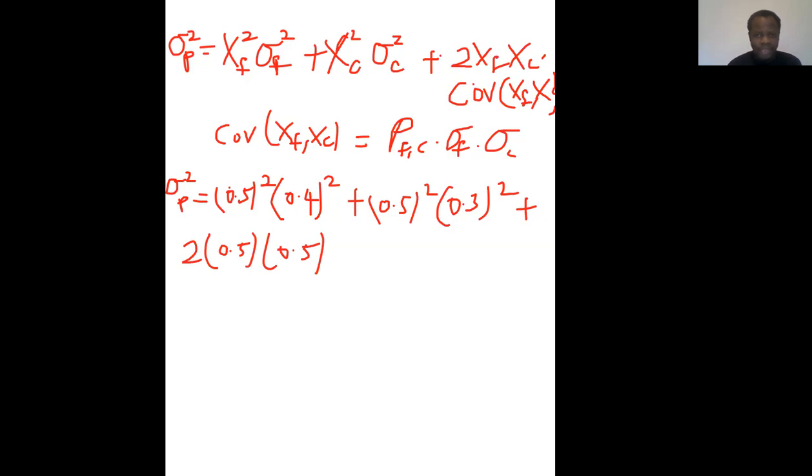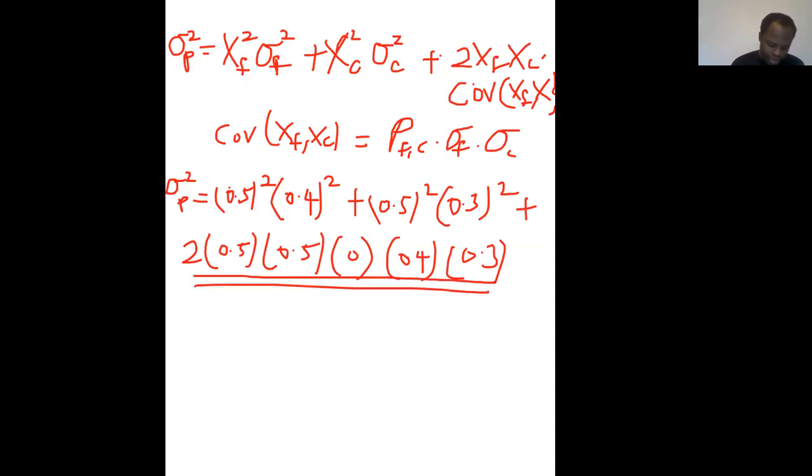They are uncorrelated, so the correlation is 0. That means when I multiply by the volatilities 0.4 and 0.3, this whole expression becomes 0. So I have only these two terms left.